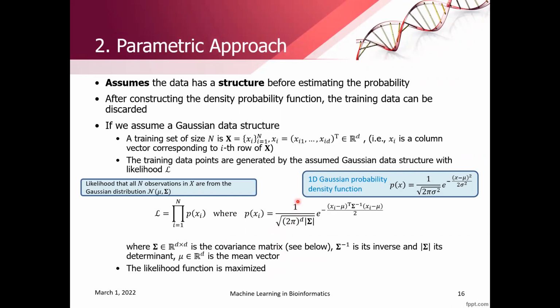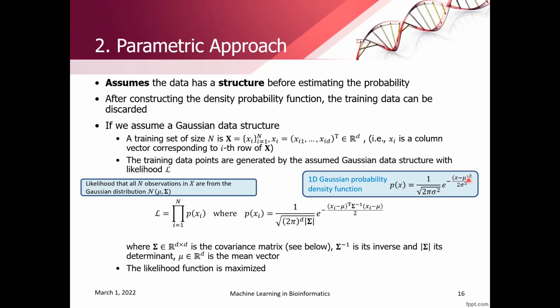So you can see here 1 divided by the square root of (2π) to the power d, where d is the number of dimensions, times the determinant of the covariance matrix. And here is e to the minus (x minus mu), so we subtract the mean, and here we have the inverse of the covariance matrix.